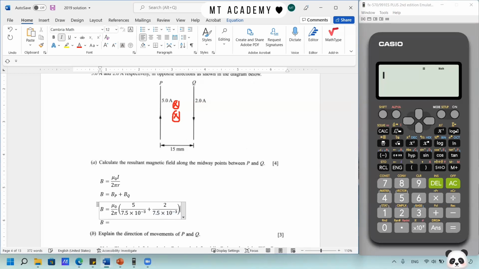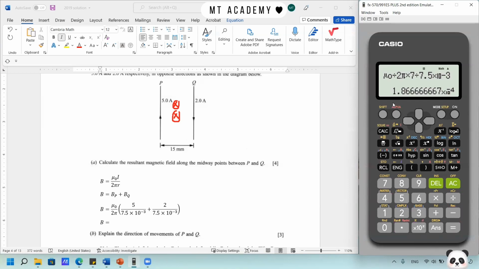Straightforward, so do the addition and multiplication. It will be mu naught over 2 pi, times the same denominator, so 5 plus 2, which is 7, divided by 7.5 millimeter. The answer would be 1.87 multiplied by 10 to the power of negative 4 Tesla.